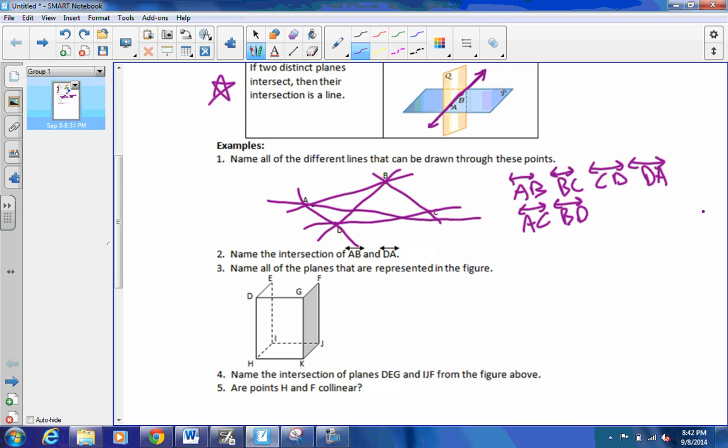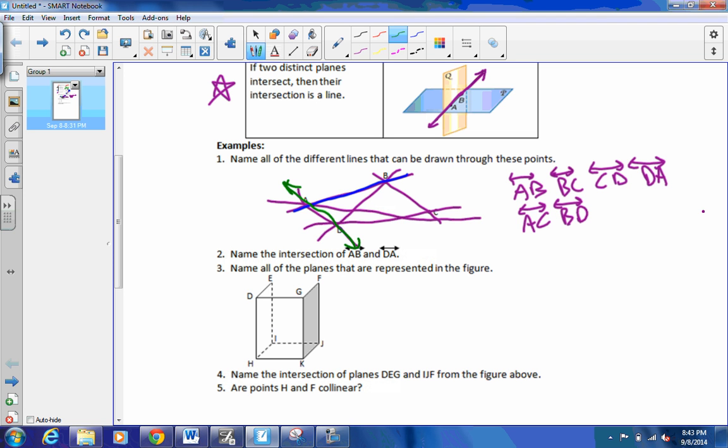Now, number 2 here says name the intersection of lines AB and DA. So I will draw AB here in blue, and DA will be in green. And again, I apologize, they're not perfect. I don't have the steadiest of hands, especially on this screen.